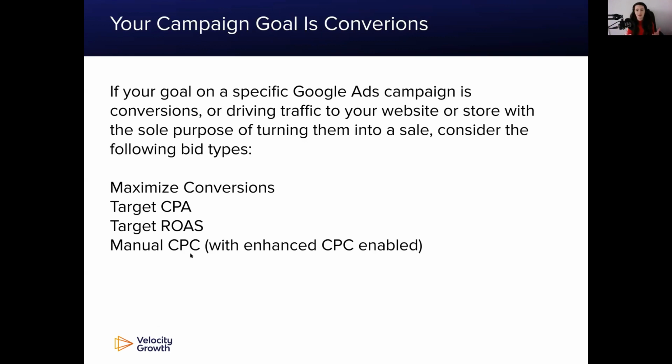This is a live scenario, so you always need to be monitoring it heavily if you're using manual CPC. But enhanced CPC removes some of that legwork for you, and it will start gathering your data, and eventually you could probably switch to one of the others. I would always be split testing as well if you're going to change bidding strategy.